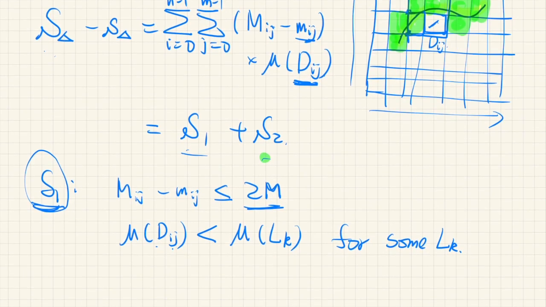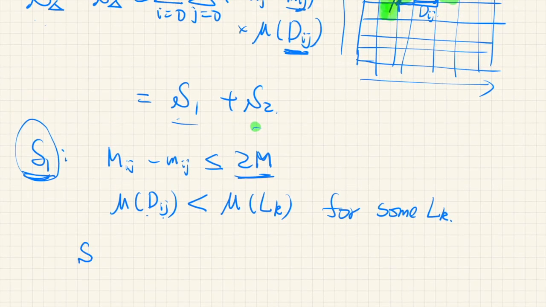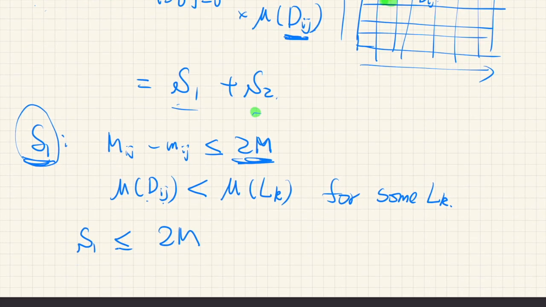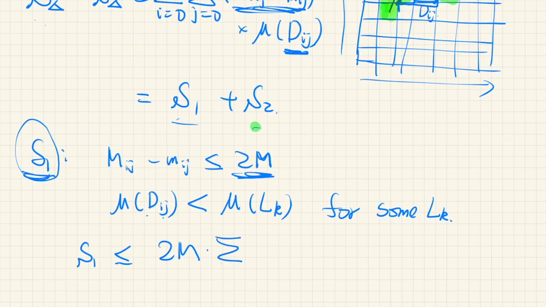So that means this sum S1 is less than or equal to 2M times the sum over k of the area of LK. But this is less than 2M times epsilon over 4M, right?